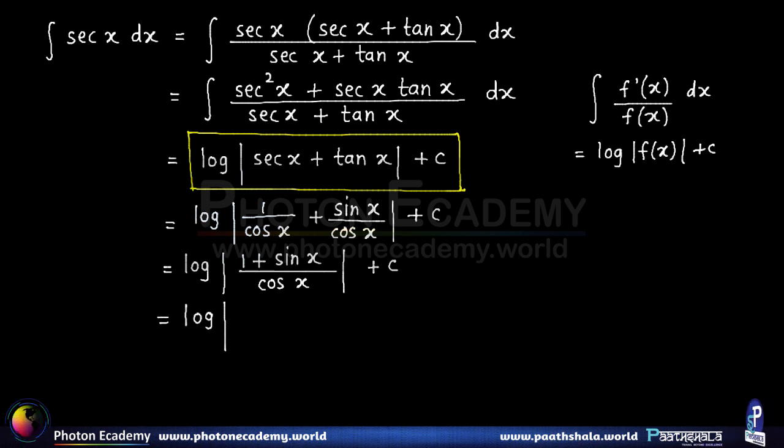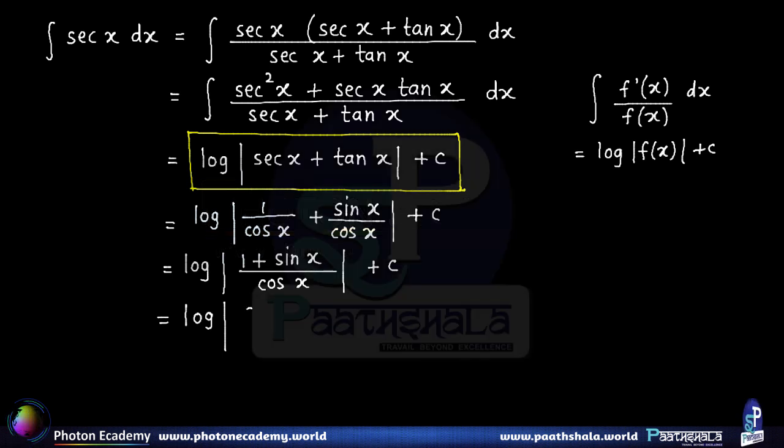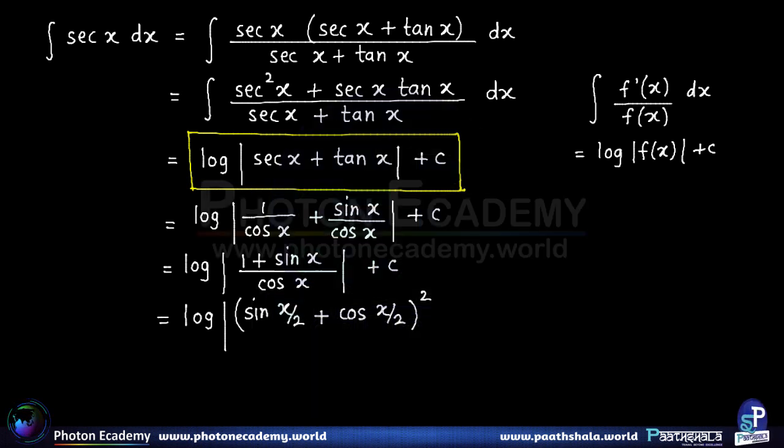now 1 plus sin x we can write as sin of x by 2 plus cos of x by 2 the whole square. If you want you can confirm this, that is, say (a plus b) the whole square, that is sin square x by 2 plus 2 times sin x by 2 cos x by 2 plus cos square x by 2.